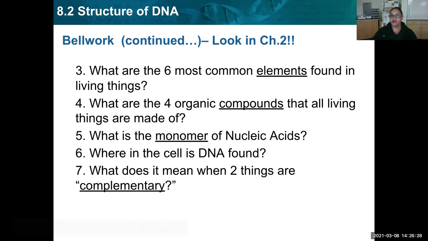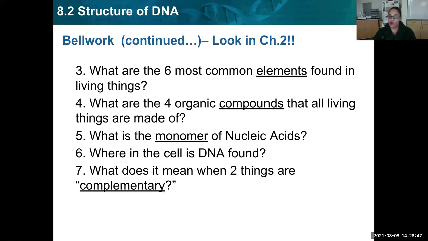Yep, good. SCHNOPS. Carbon, hydrogen, nitrogen, phosphorus, oxygen, and sulfur. Very good. Desiree, good. Angelina? One gave me the full words, one gave me the acronym. Either will work.